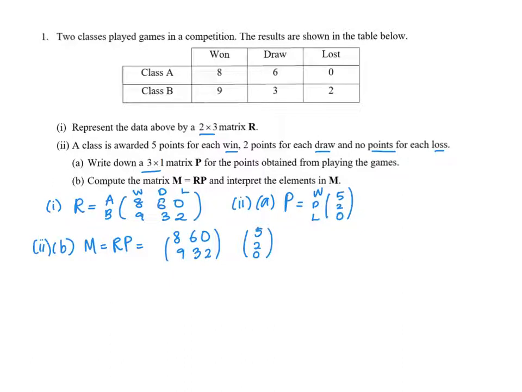Now the rows are class A, class B, and this column here is just the points. So this is win, draw, and lose multiplied to win, draw, and lose. In that case, we'll get the answer to be a 2 by 1 matrix in points.